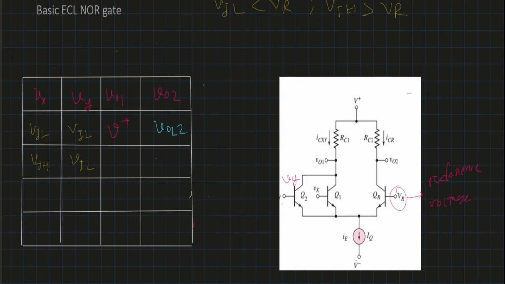and the QR transistor will also be in cutoff condition, because the Q1 value, or VX, is at least 0.12 volt higher than VR. That means no current will flow through this RC2 resistor because QR is in cutoff. In that case, we can say VO2 will be V plus when one input is logical high and the other input is logical low.